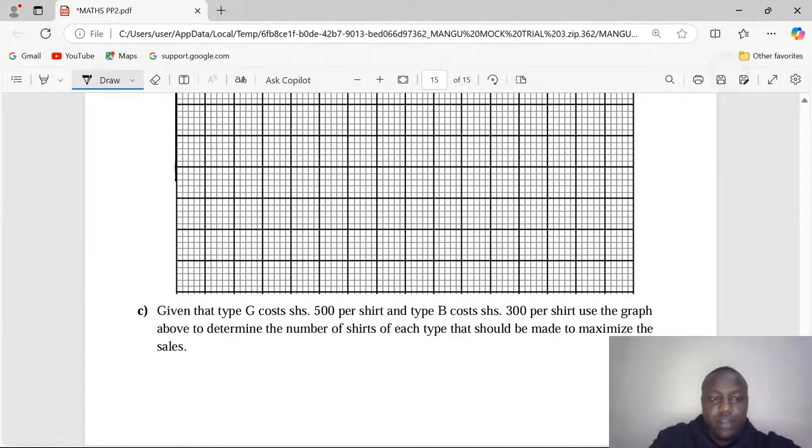So we have the y-axis and also the x-axis.